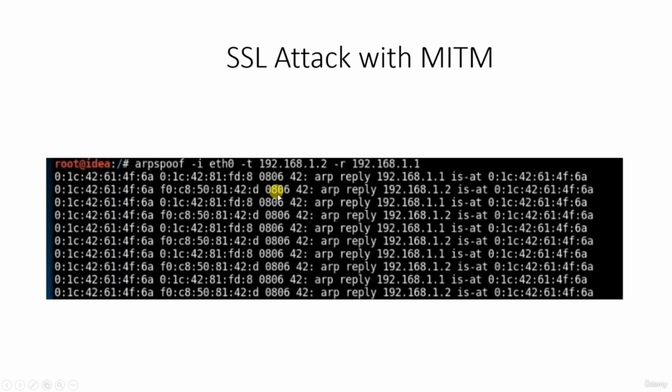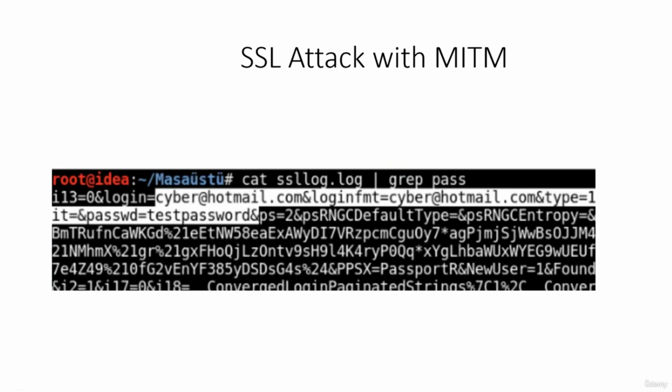After that, when you enter this command in the terminal, it is going to give you the password in a log file. As you can see, the attacker can see the password in the SSLstrip log file from the Kali Linux machine terminal.